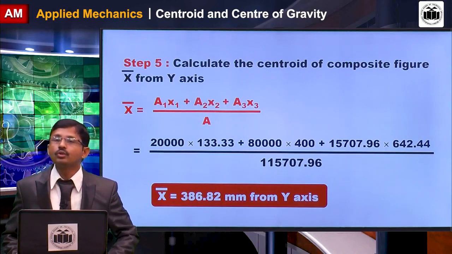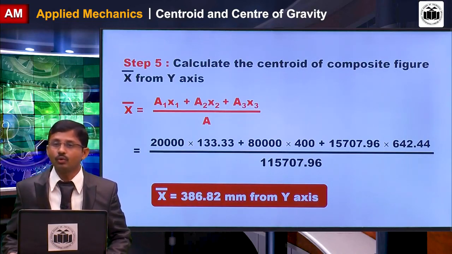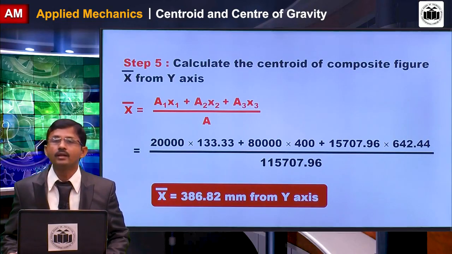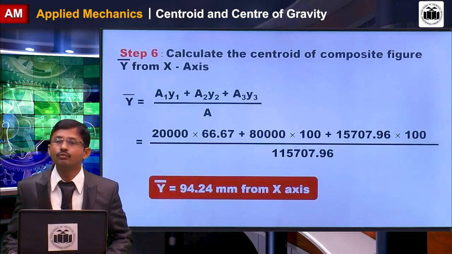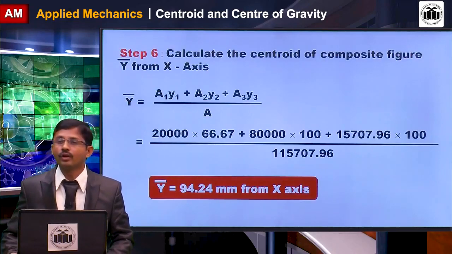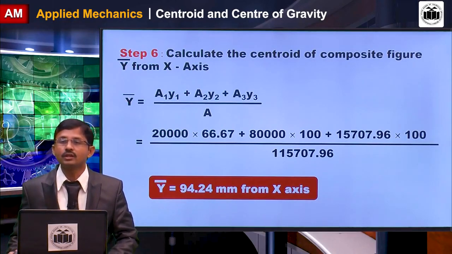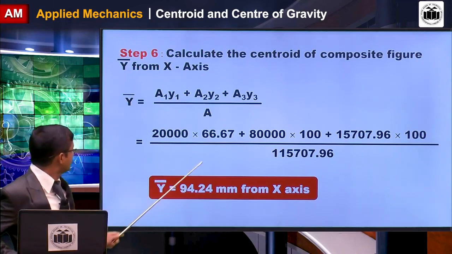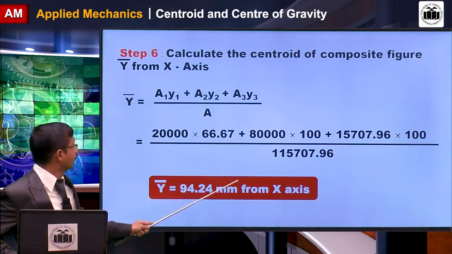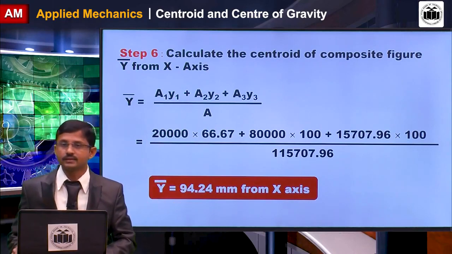Here you have to do the calculations properly on the calculator so there will not be any mistake. Then we have to calculate the centroid for the composite figure from the x-axis. That is y bar, which you can calculate using this equation, and you will get y bar as 94.24 mm from the x-axis.